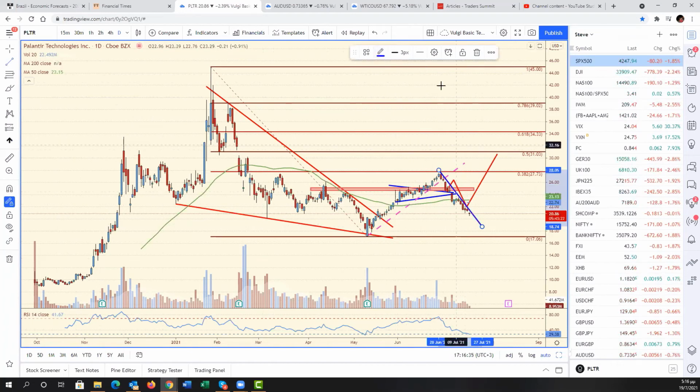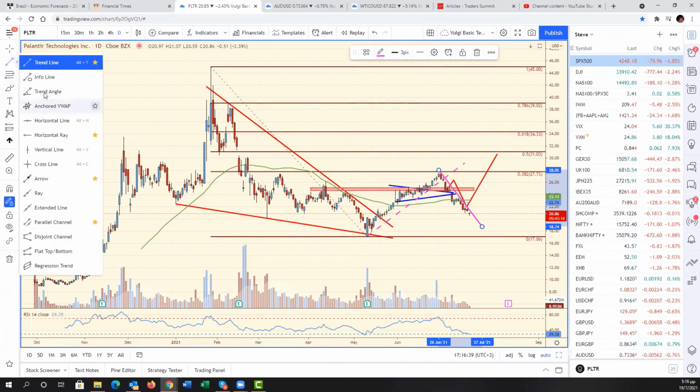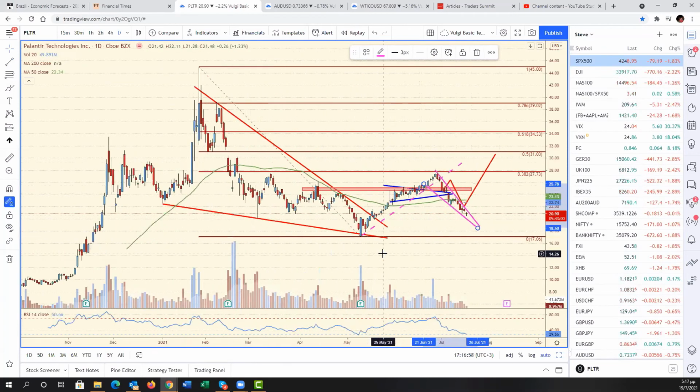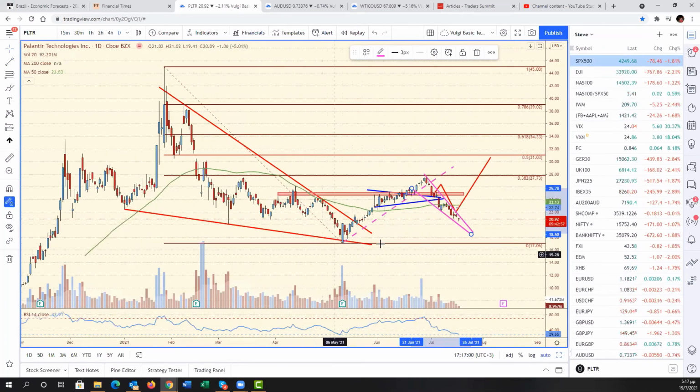Let's see. Now, a bullish case scenario is something like this, right? I would still wait though, right? Technically speaking, not such a beautiful type of situation we have here. We might have seen the low over there. There is an okay chance that that's actually the case.